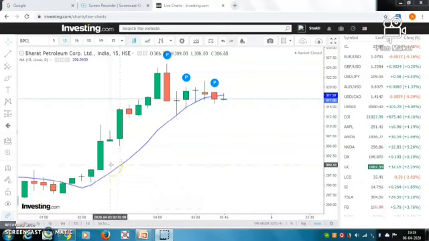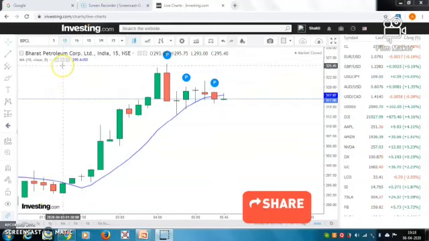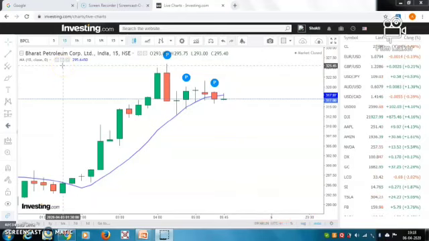Many people might be trading already, and those who are very new can start using this. What you have to do is go to a 15-minute chart. Intraday can be done using 5 minutes, 10 minutes or 15 minutes. Usually these three or four time frame charts are used for intraday.